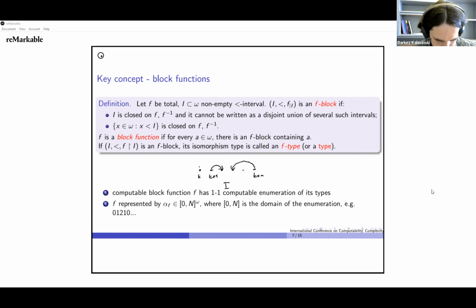And additionally, if we look at the whole structure starting from 0, we want the rest to be completely separated from I, in the sense that you cannot have any arrows going outside or inside.